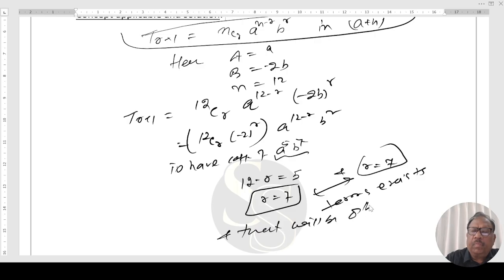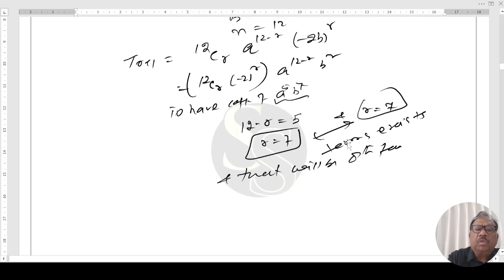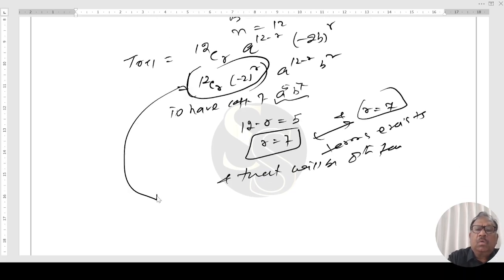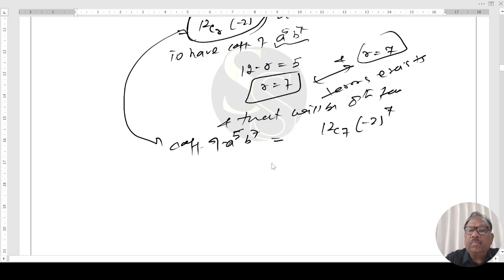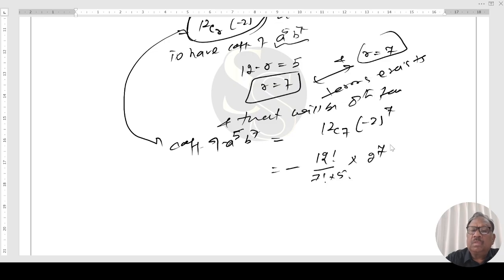That will be the 8th term, from the beginning. And the coefficient will be the coefficient of a to the power 5, b to the power 7 in the expansion, and that is equal to 12C7 (minus 2) to the power 7. On simplifying, we get negative 12 factorial upon 7 factorial into 5 factorial into 2 to the power 7.